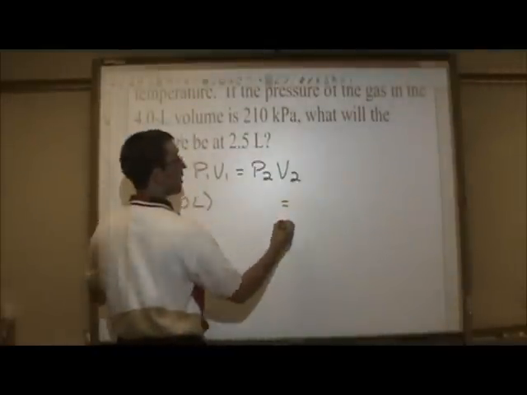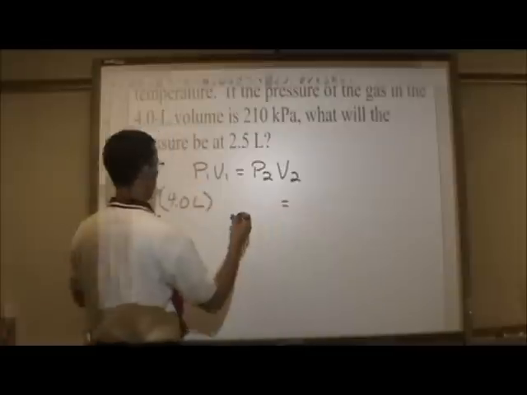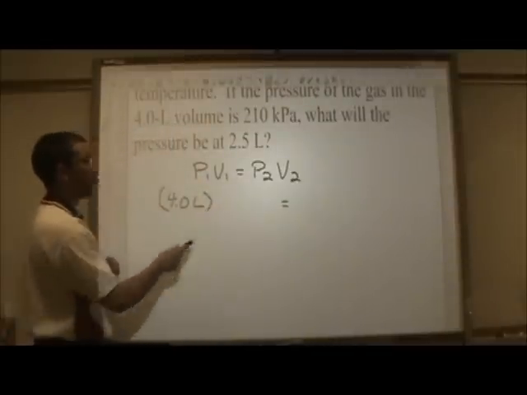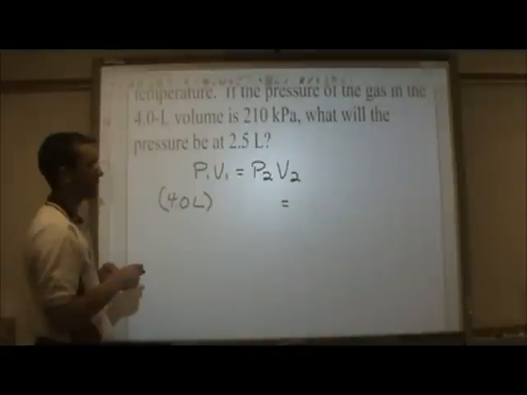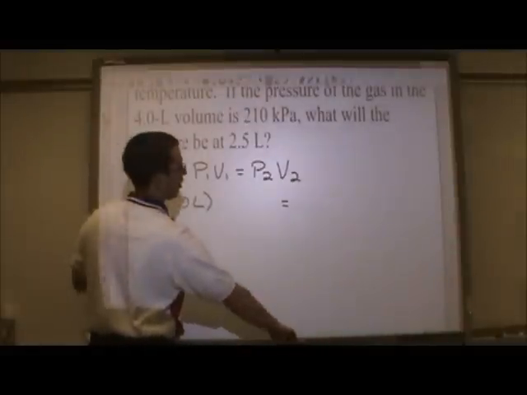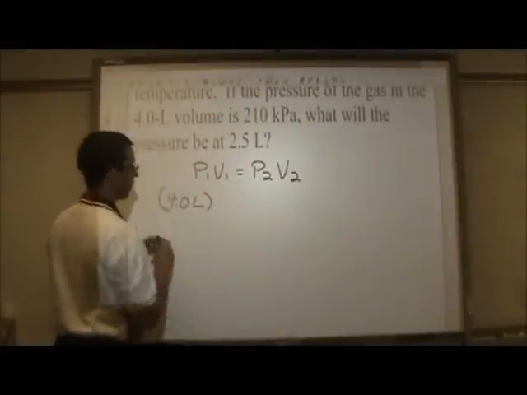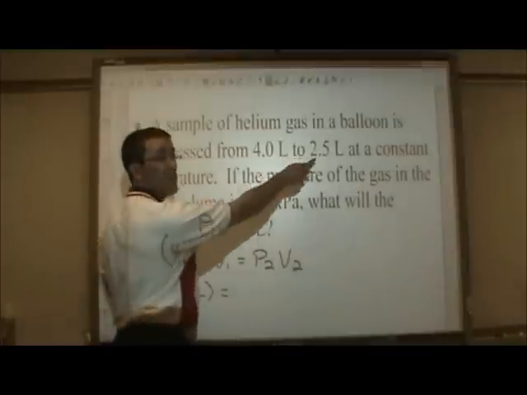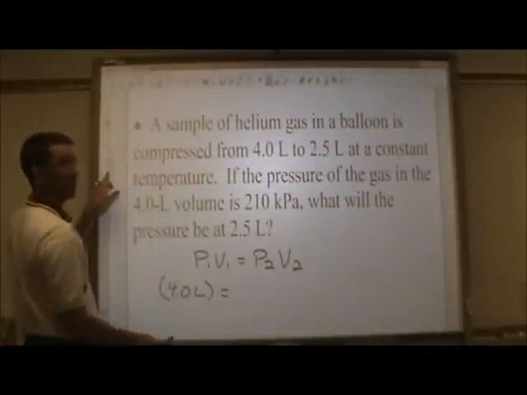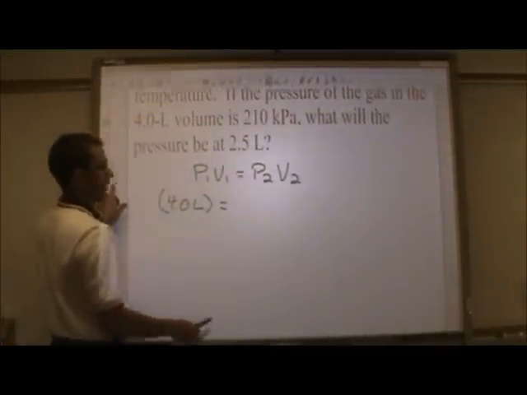Sorry, I kept saying P; volume, I mean V1 is 4.0 liters. And V2, it's going to 2.5 liters. That's volume.